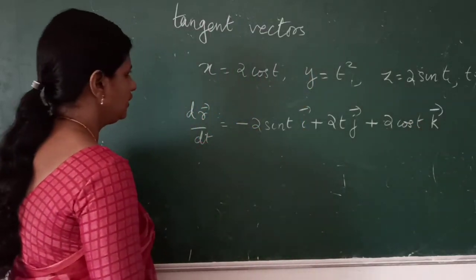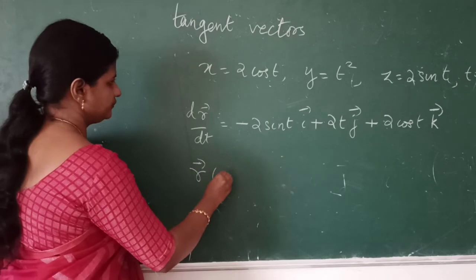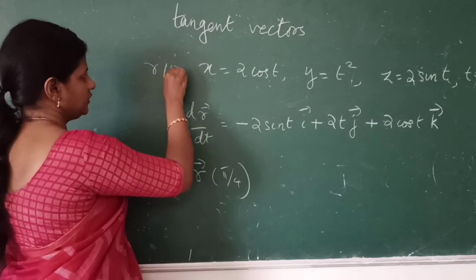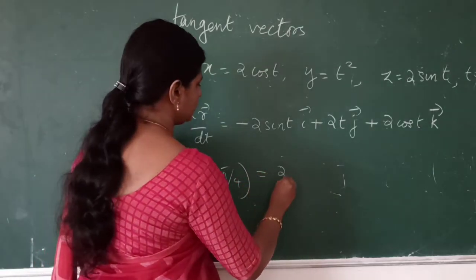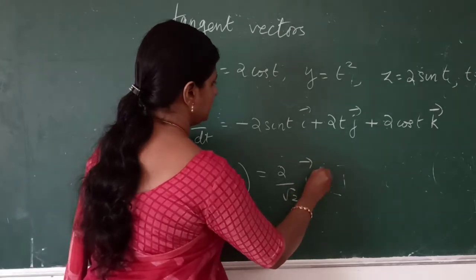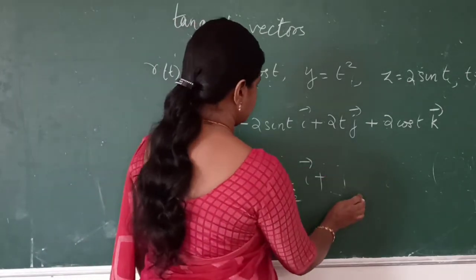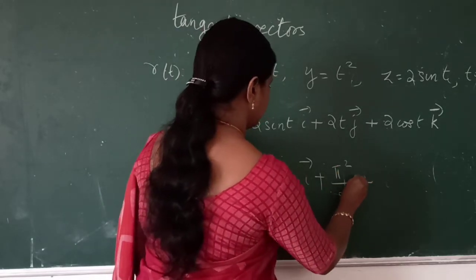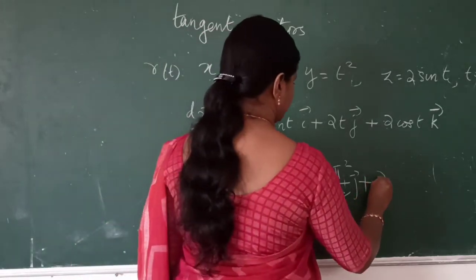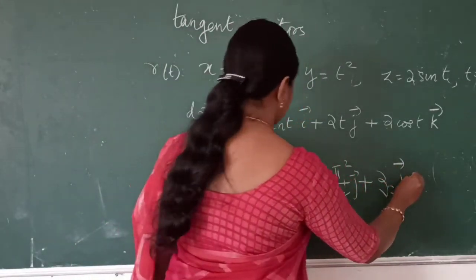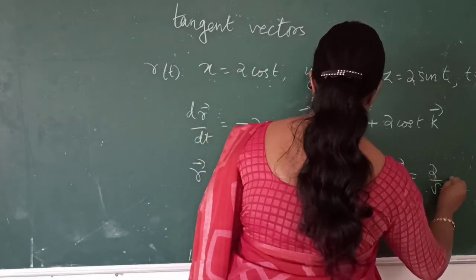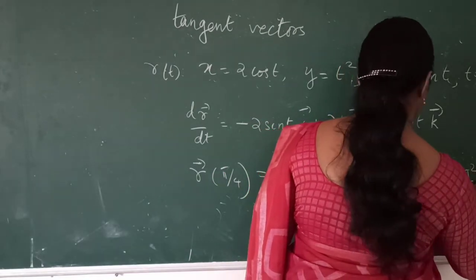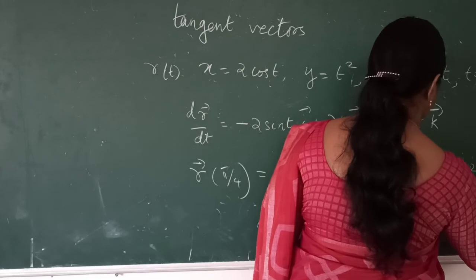We have r of pi by 4. Here our r of t is equal to 2 cos t i plus t square j plus 2 sin t k, so at pi by 4 that is equal to 2 by root 2 i plus pi square by 8 j plus 2 by root 2 k, that is root 2 k.